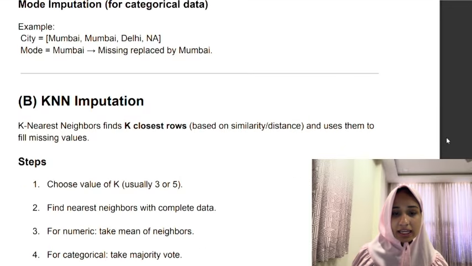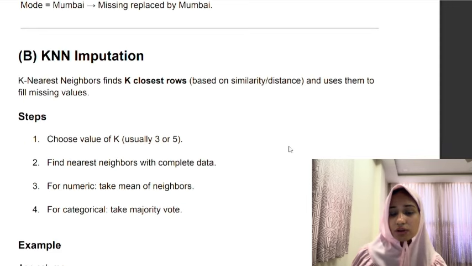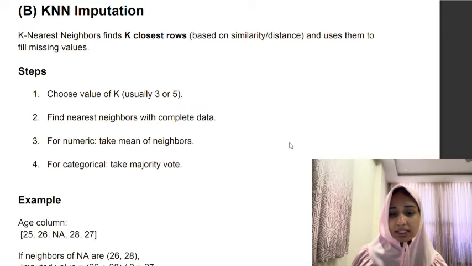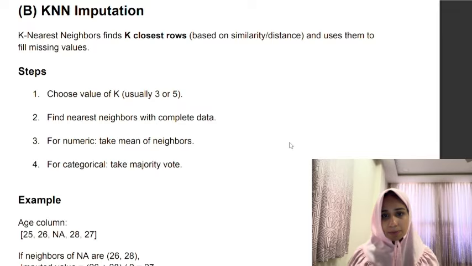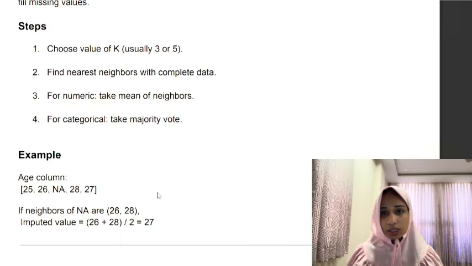Next is KNN imputation. K nearest neighbors finds the K closest rows and uses them to fill the missing values. We choose a value of K, usually 3 or 5, and find the nearest neighbors with complete data. For numeric, take the mean of neighbors. For categorical, take a majority vote.